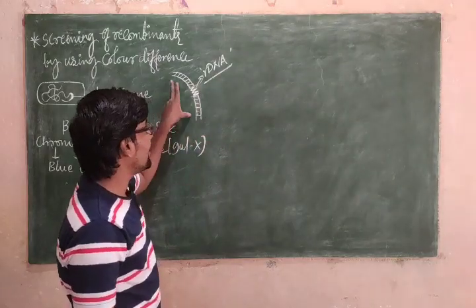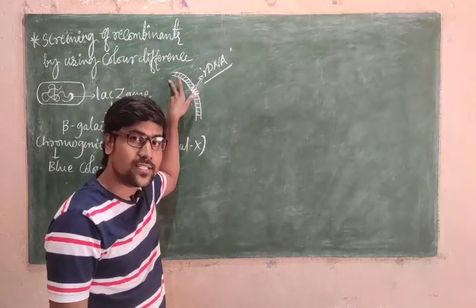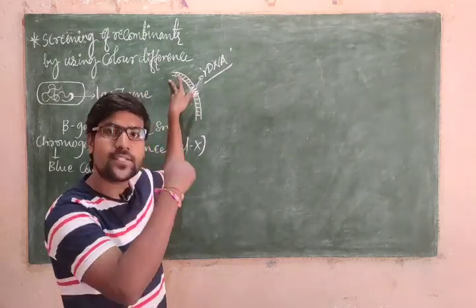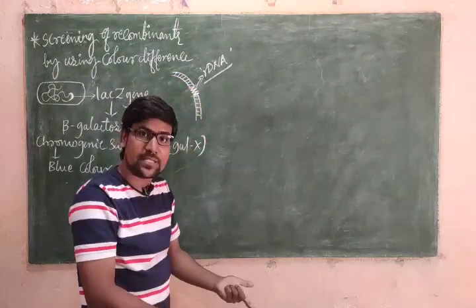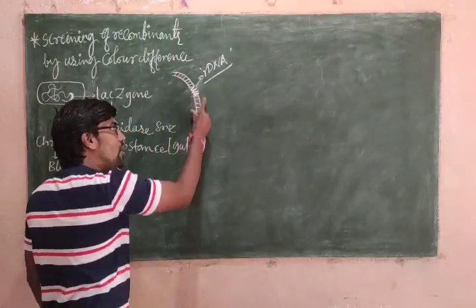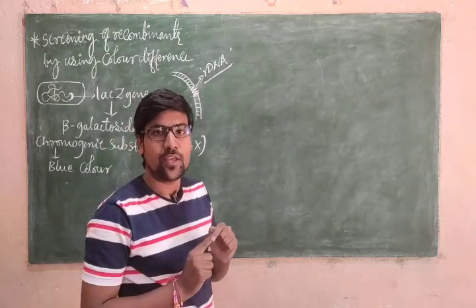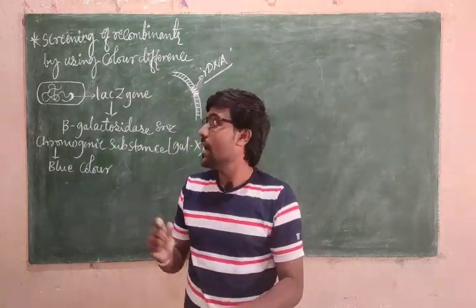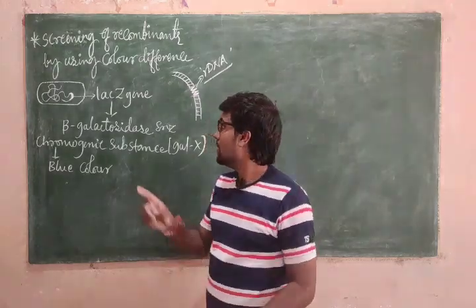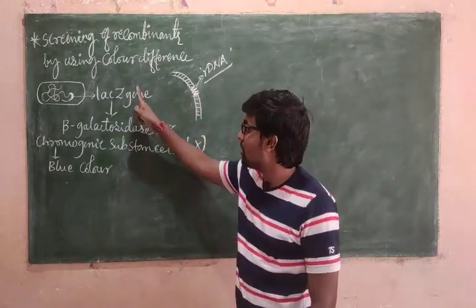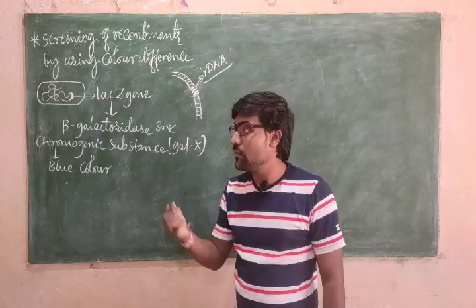Now, is this LAC-Z gene as it is or changed? It is changed. Why? Because we have cut it and introduced another extra piece. That means the sequence of this gene is changed. When the sequence is changed, this gene becomes inactive. Which gene? LAC-Z gene. Why is it inactivated?